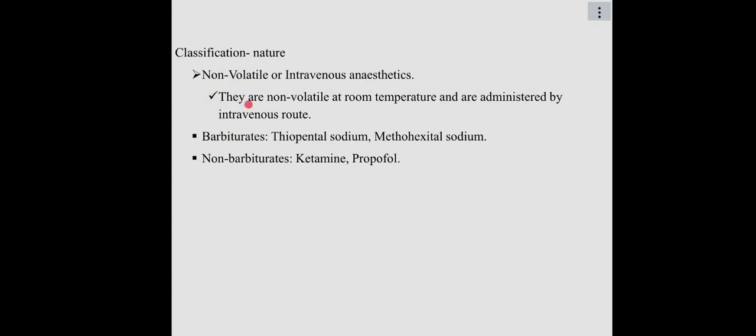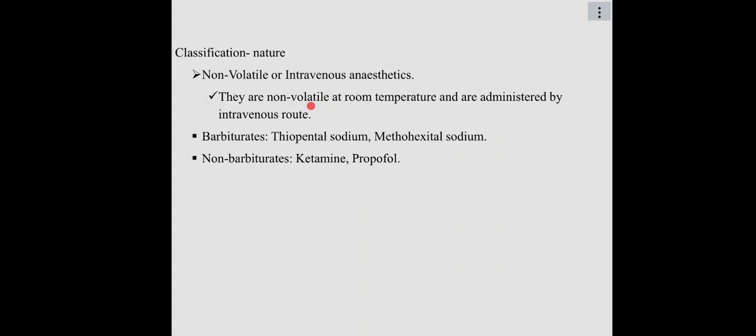Classification too, according to the nature. You also have the non-volatile or the intravenous anesthetics, which are non-volatile at room temperature and administered by intravenous route. And of course, the intravenous route gives us the most rapid activity, because you are giving it directly into the blood supply. And of course, these drugs, as we are going to see, the barbiturates, also have very high lipid solubility.